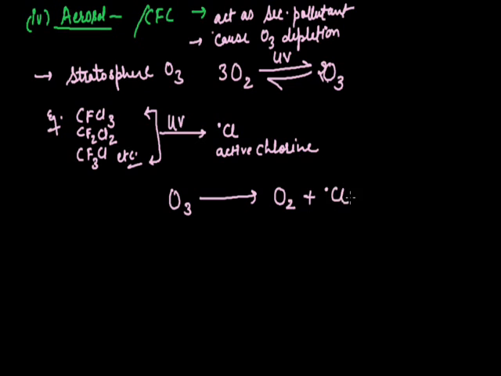Along with that, active chlorine is formed, which can again react with ozone and degrade it in the presence of UV rays. And again active chlorine is formed. So you can see this is a chain reaction which goes on continuously, and because of that ozone is again and again degrading into oxygen, which causes thinness in the ozone layer that is known as ozone hole or ozone depletion.